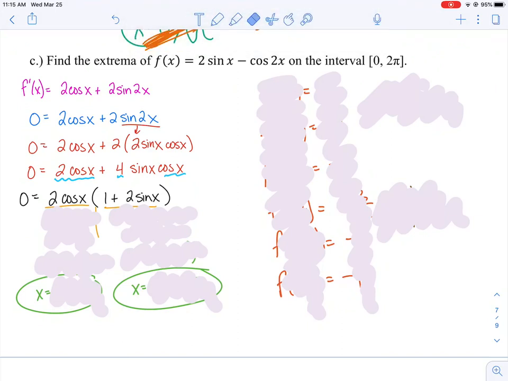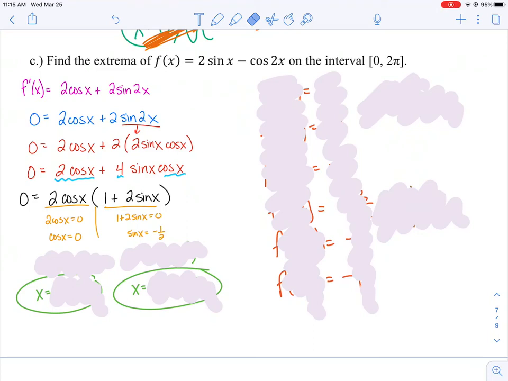Since everything is factored as much as possible, I can set each piece equal to 0. I'm then going to solve both of those equations. In that left one, I end up getting cosine of x equals 0. In my right equation, I end up getting sine of x equals -1/2.